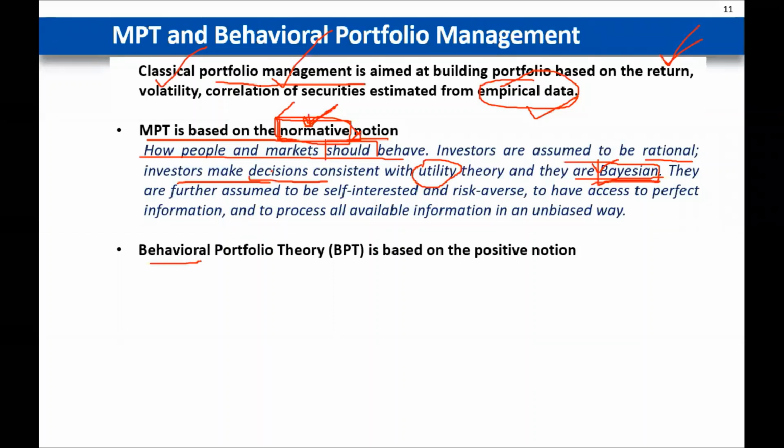So, alternative to the normative approach, the positive notion assumes that people don't behave the way they should behave. People behave in a way different from the rational way. That is the reality.